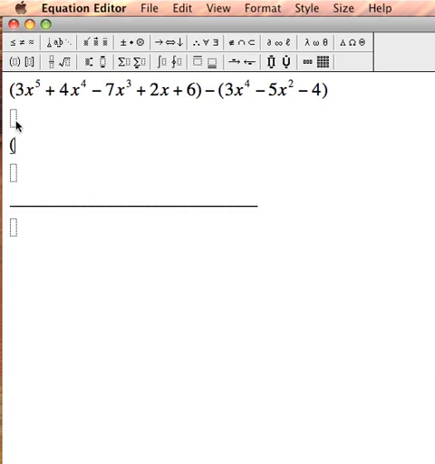So the first thing I am going to do is I'm not going to change my first polynomial.